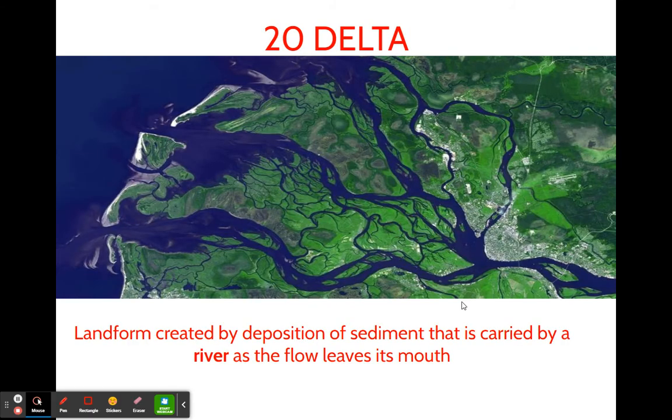And finally, delta. A delta is a landform that's created by the deposition of sediment that is carried by a river as it flows. As the flow leaves its mouth, right? So we have the river, we have the mouth of the river, which would be kind of down here. If we think about it, this is the mouth of the river where it opens up.